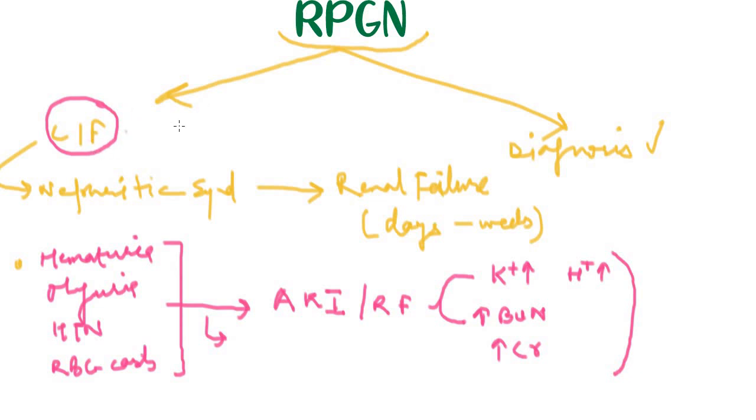So again, RPGN is a kind of nephritic syndrome in which initially we have hematuria, oliguria, hypertension, and RBC casts, but within days to weeks the patient will present with renal failure: elevated blood urea nitrogen, creatinine, potassium, and hydrogen, leading to metabolic acidosis.